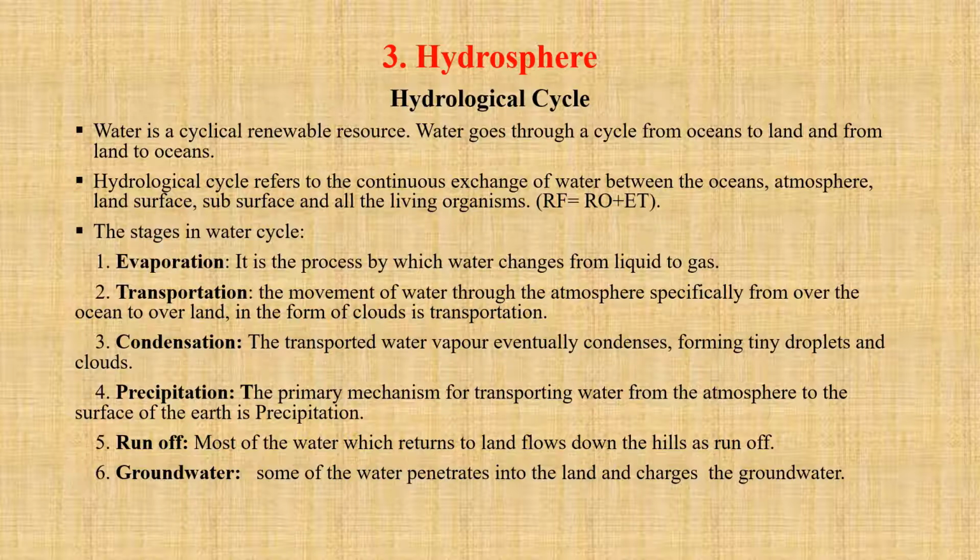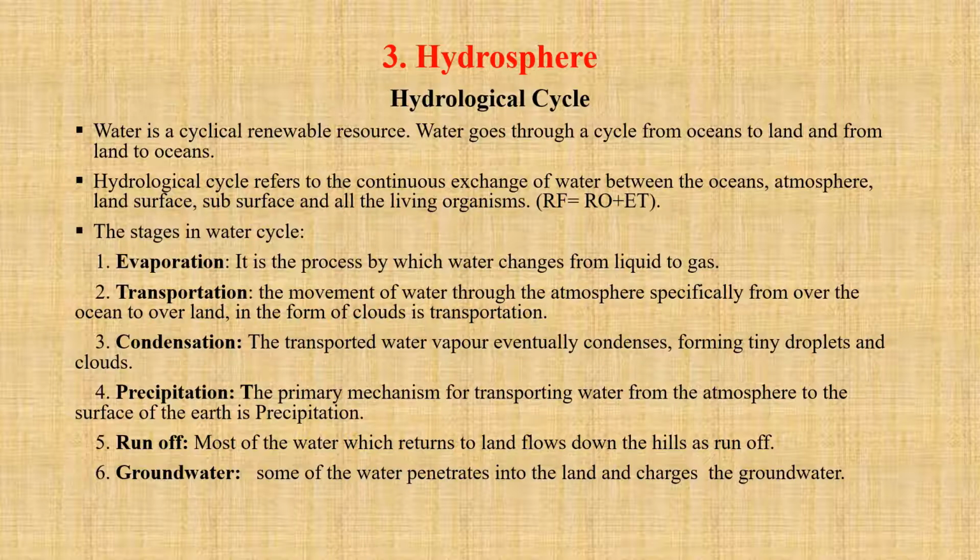Runoff is the fifth stage in the hydrological cycle. Most of the water which returns to land flows down the edge as runoff. Have you ever observed the rainfall? When rainfall occurs on the mountain regions, it flows down to the bottom of the mountains.